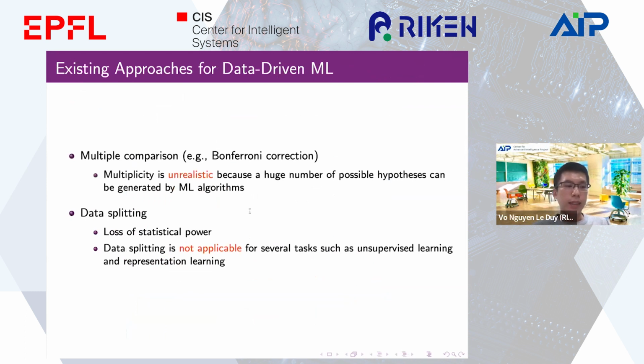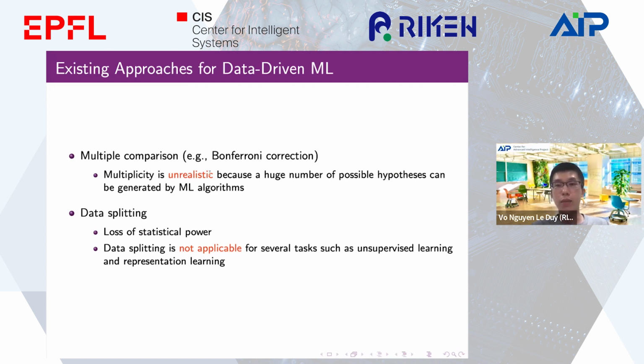There are some existing methods for correcting the selection bias in data-driven machine learning. The first one is multiple testing, or multiple comparison, for example, Bonferroni correction. But unfortunately, in this scenario, multiplicity is unrealistic because a huge number of possible hypotheses can be generated by the machine learning algorithm.